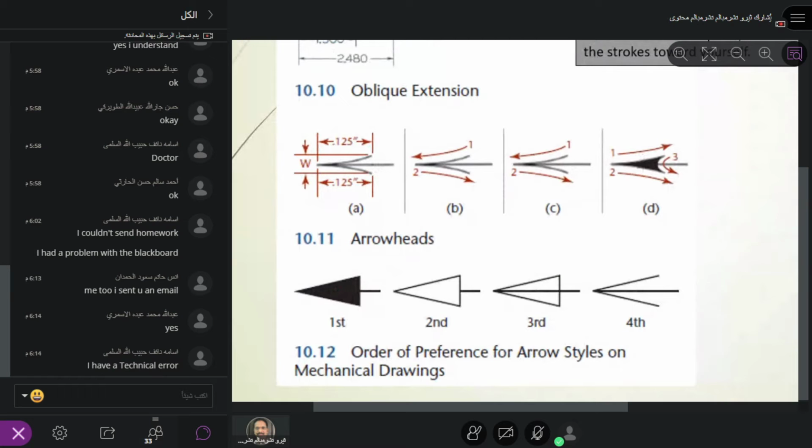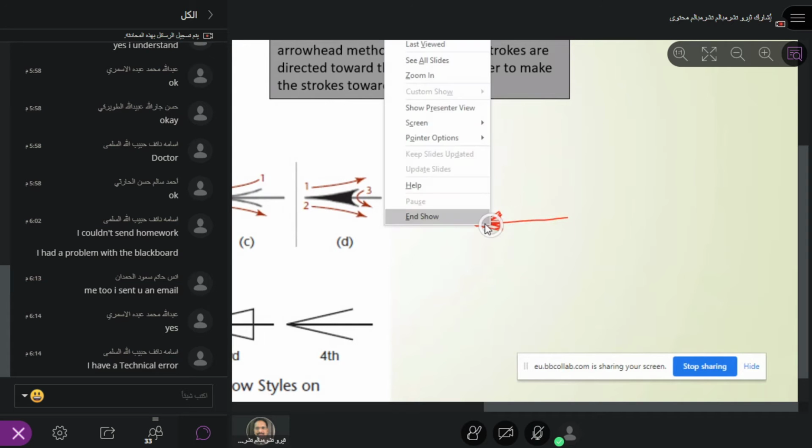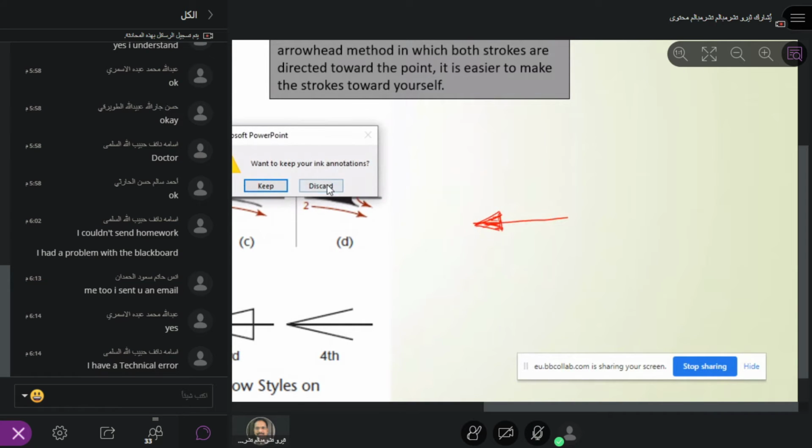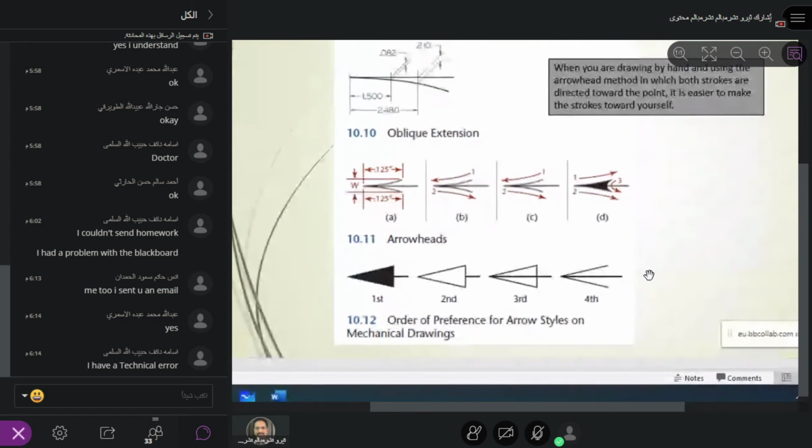First, you draw the dimension line, then take a triangle, right, and then darken it or fill it. You should fill this like we did here.